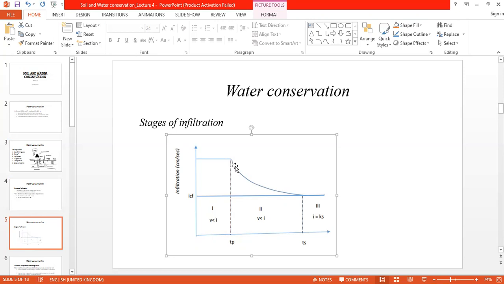As it is reducing, the irrigation rate becomes higher than the infiltration rate.